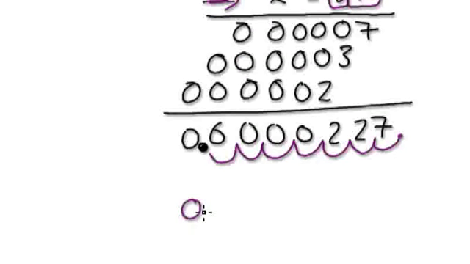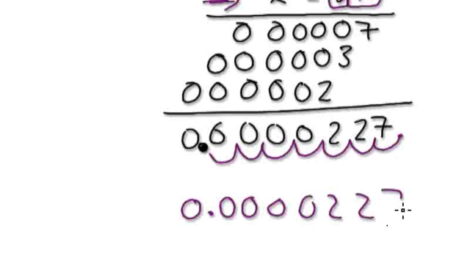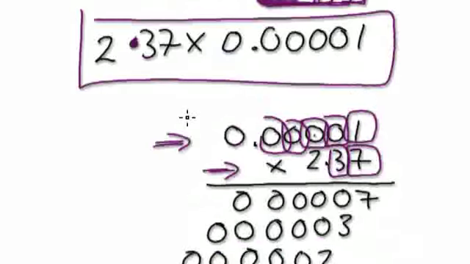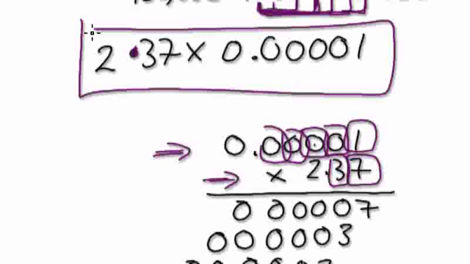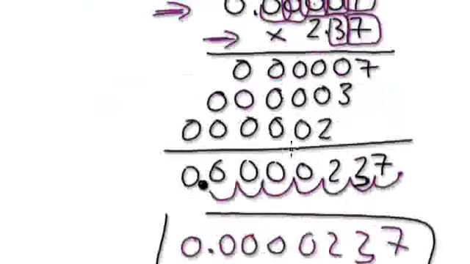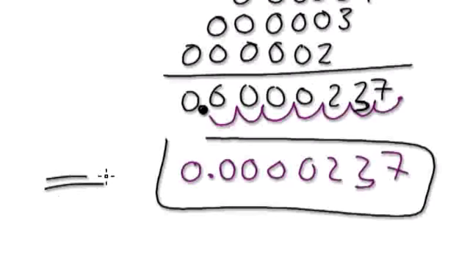So the overall answer is 0.0000237. Sorry, this is a 3. Okay. And if you look at our original thing here, remember when we get 2.37 times this number here, it gives us this number here.